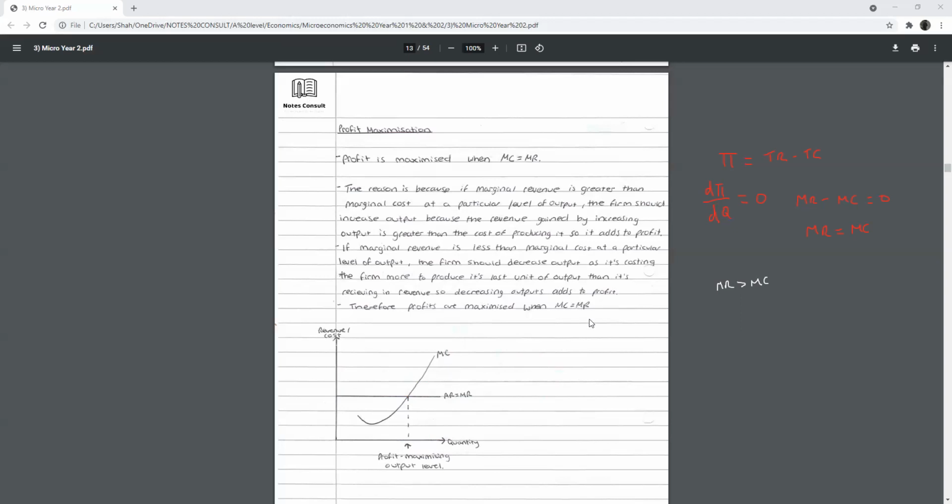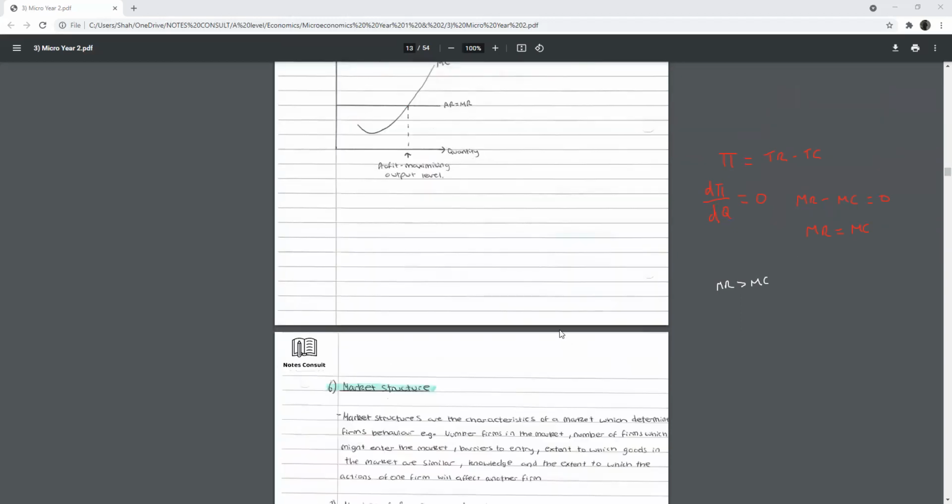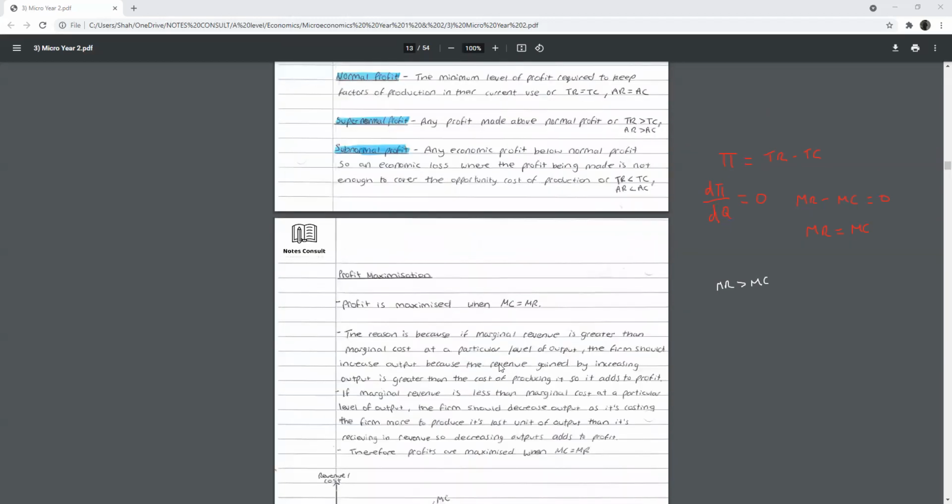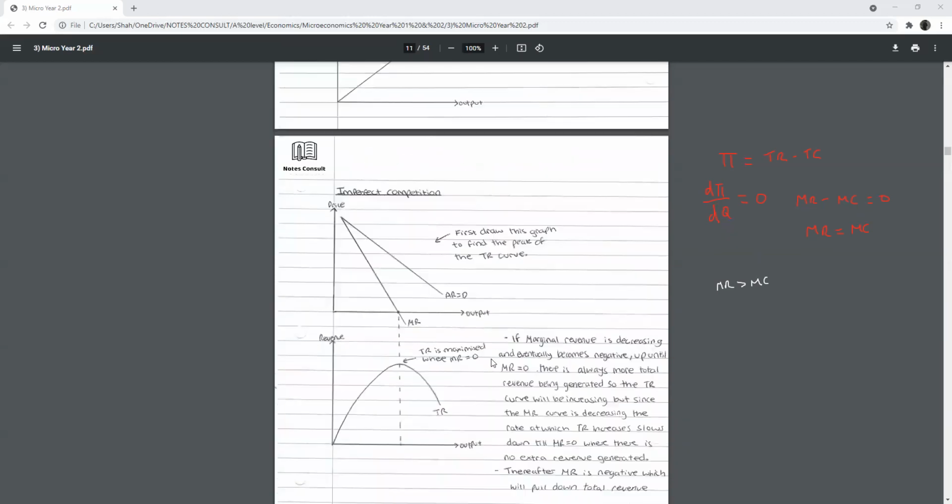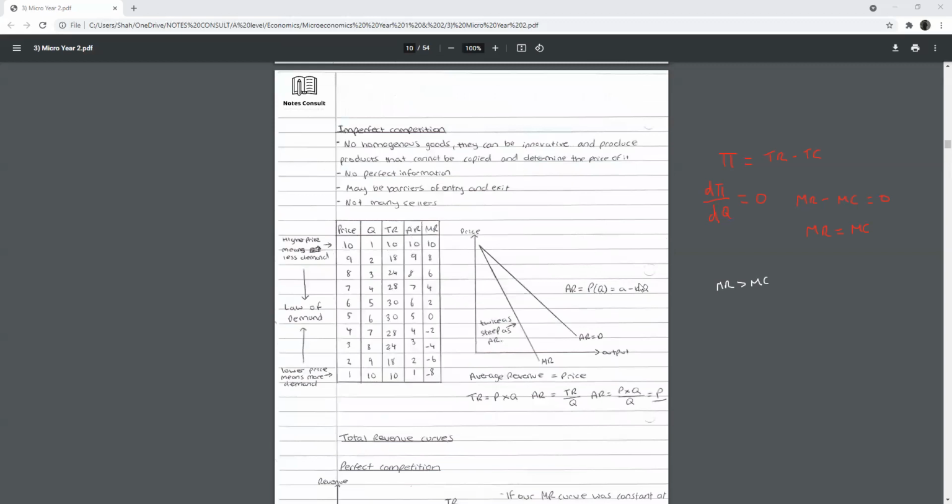But the graph for a firm in imperfect competition looks different. Why does the graph look different? Because the revenue curves are different. Do we know the revenue curves to look like this top part here, right? For imperfect competition, firms have no homogeneous goods, no perfect information. There's maybe barriers to entry and exit and not many sellers. This is how the graph looks for their revenue curves.